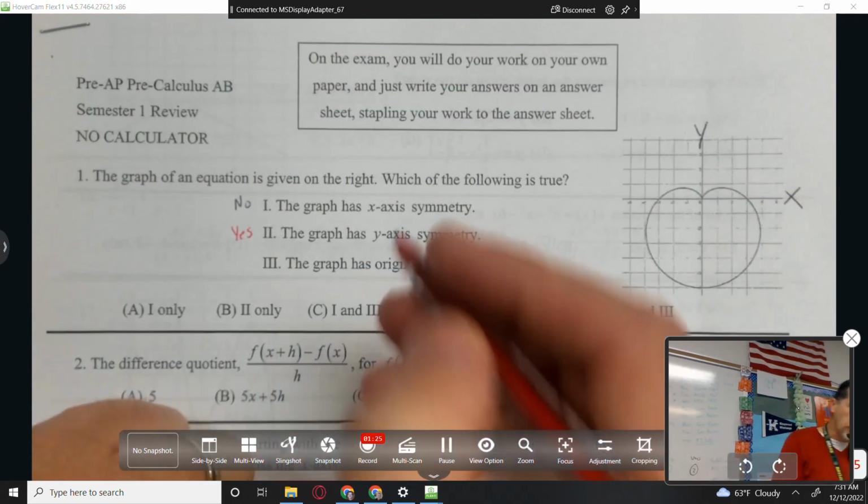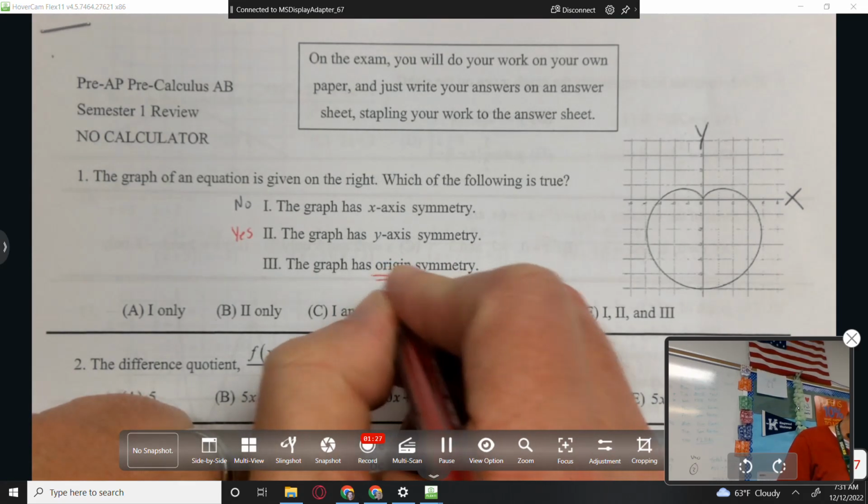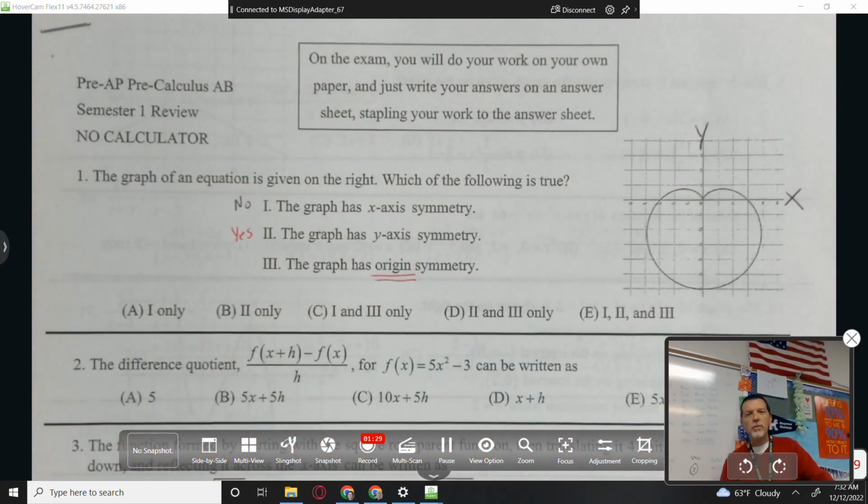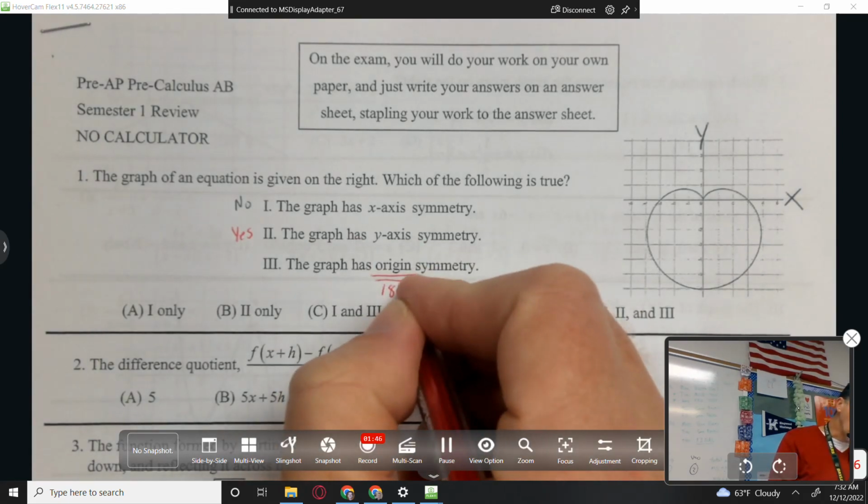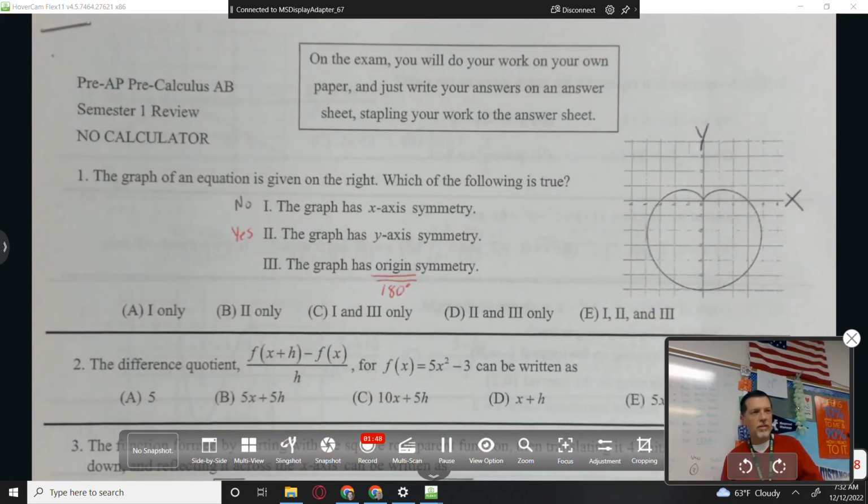Origin symmetry. This is one that people struggle with the most, I think. What does origin symmetry mean? This is x-axis symmetry. This is y-axis symmetry. So it's either if you flip it twice or you rotate it 180 degrees.